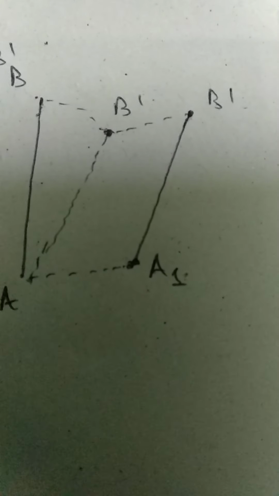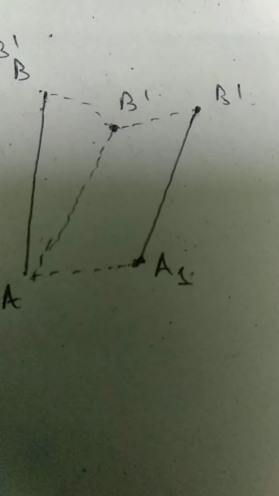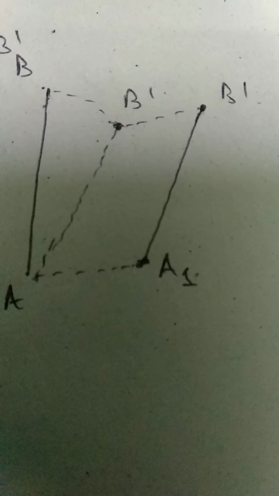So in the second figure, first a rotation takes place from AB to AB dash, then a motion of translation to A1 B1. Okay, so it is a combined motion of rotation and translation, or translation and rotation. Whichever motion takes place first is immaterial.